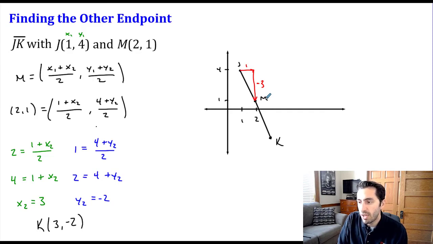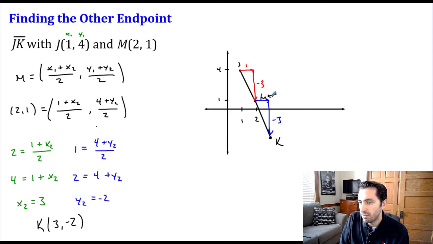Now to get to my other endpoint, I just need to copy that. So we'll go over 1 more, and we'll go down 3 more.